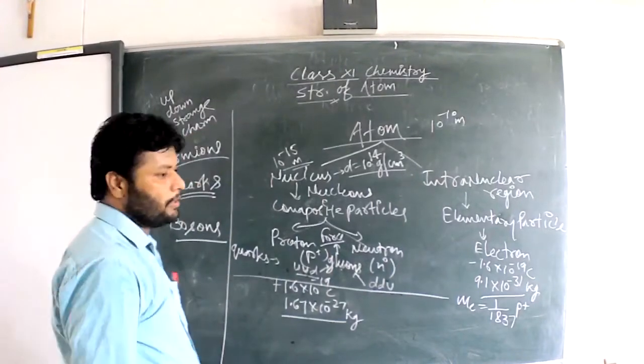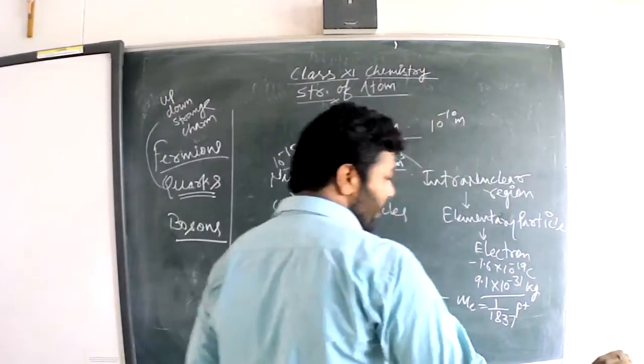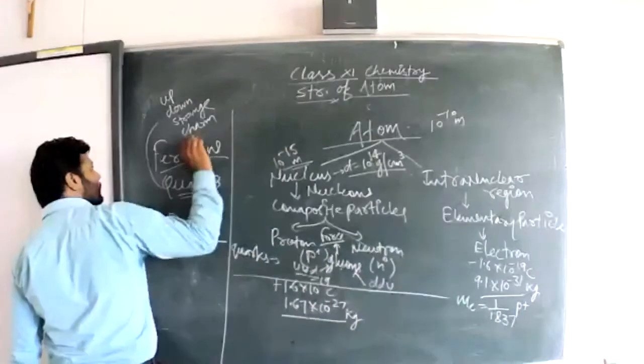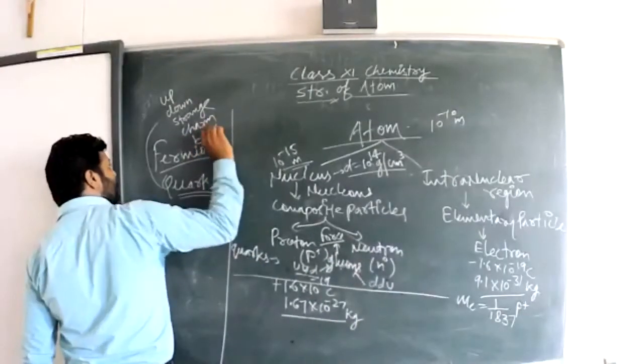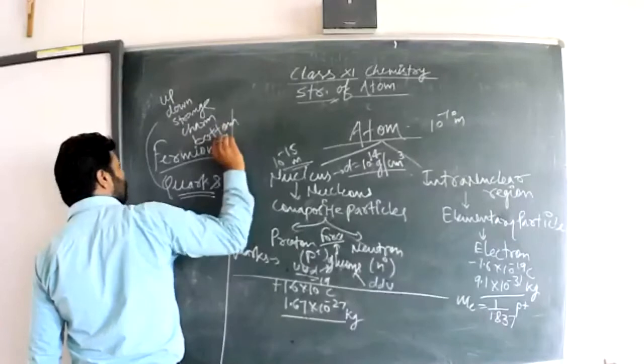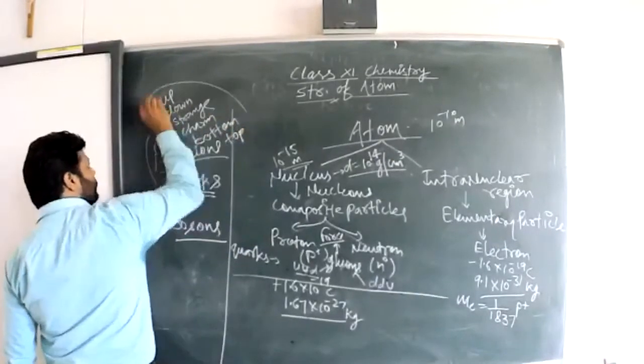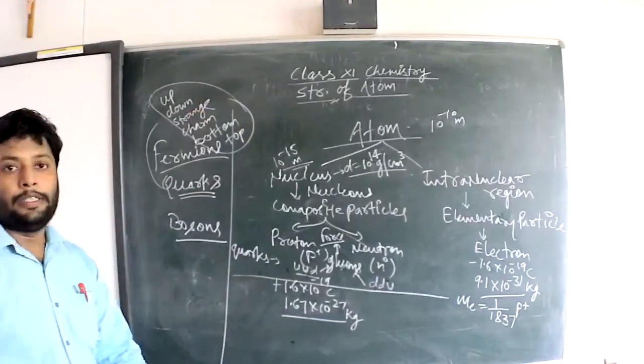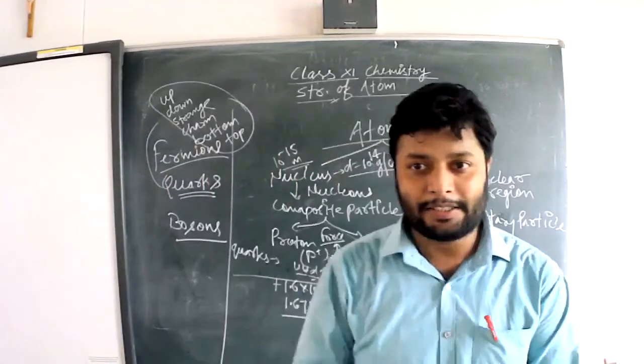Up, down, strange, charm, bottom, top. These are the names of the 6 quarks.